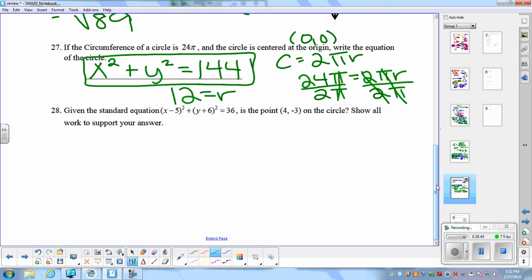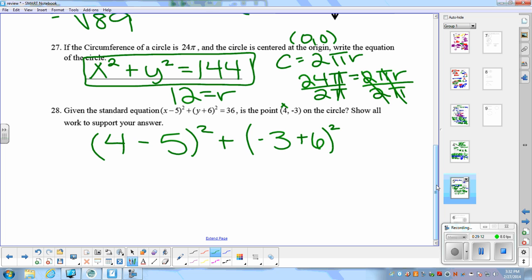Next one. Given the standard equation, x minus 5 squared plus y plus 6 squared equals 36, is the point 4, negative 3 on the circle? All we have to do is plug in the points. Our x value is 4, so we have 4 minus 5 squared plus negative 3 plus 6 squared. We want to see, does that equal 36?